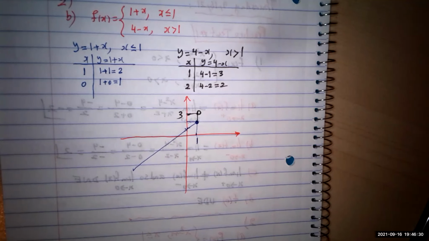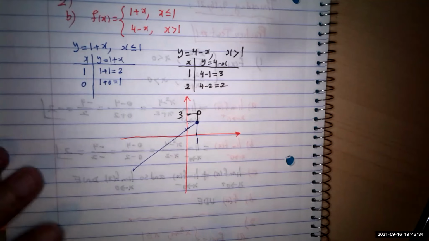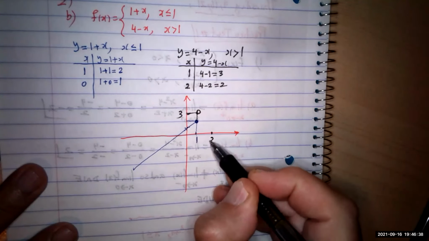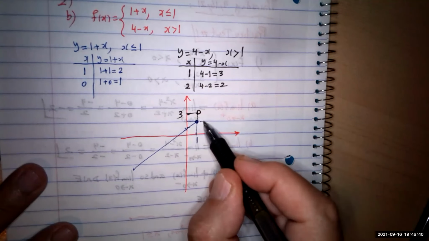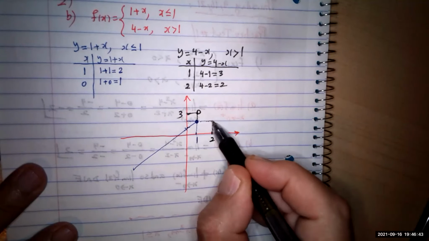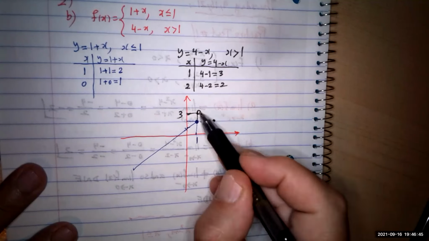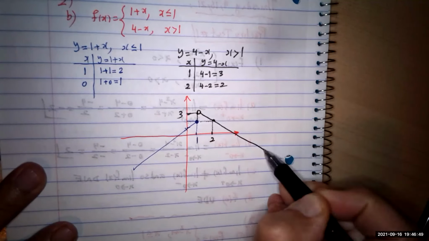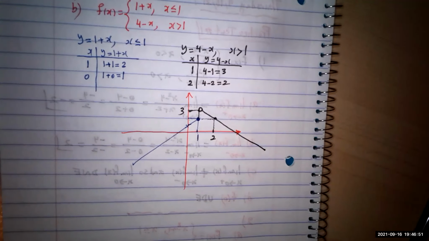So this would be empty. Then you have (2, 2), so that gives you another point. You connect them, and this time you go to the right. Okay, this is the graph of the function.